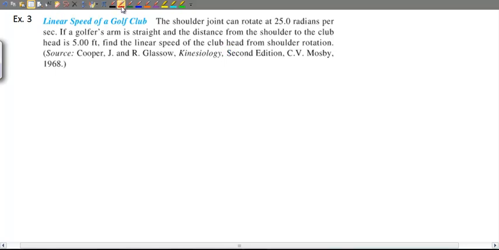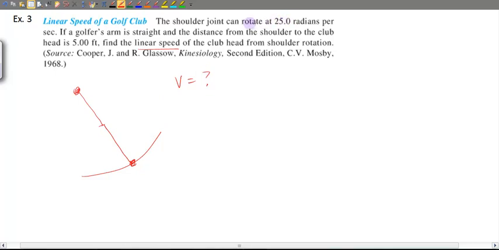Just to help you visualize what's happening here: here's my shoulder joint, here's my arm, and here is the club head all the way down here. The club head is making some sort of rotation, and it's rotating at a linear speed. It has a linear speed, and that's ultimately what we are trying to find.